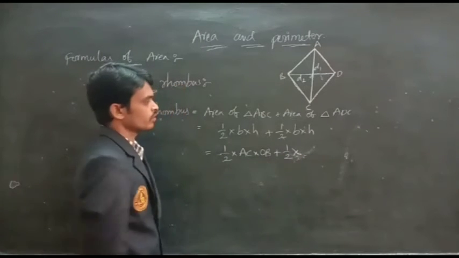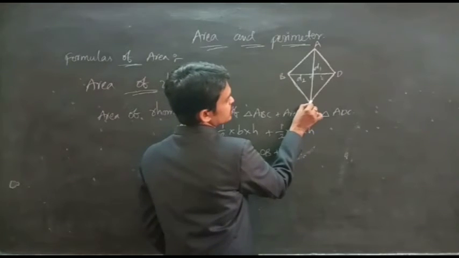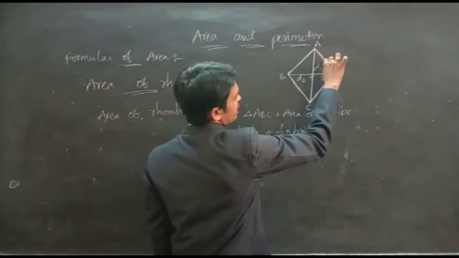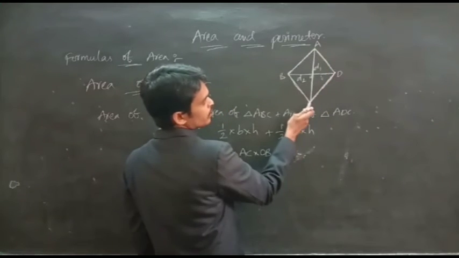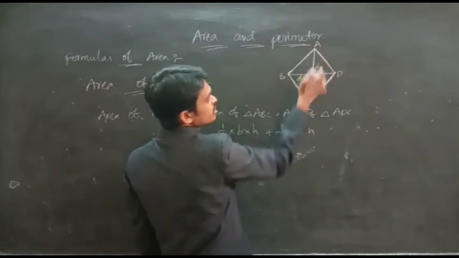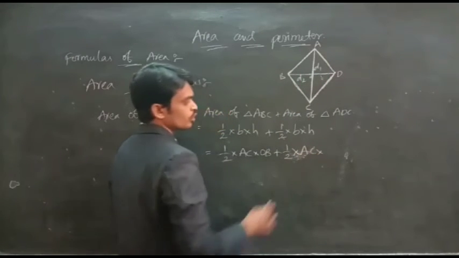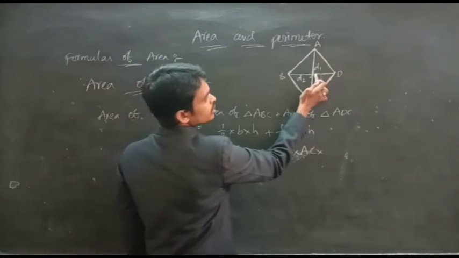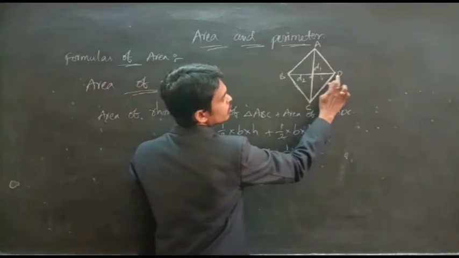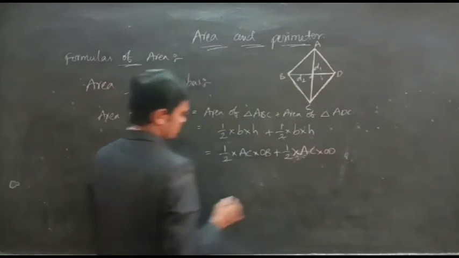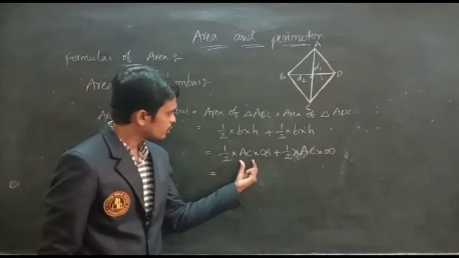Plus half into base. Now look at this triangle, triangle ADC. What is the base? The same base AC. So AC into height. The height is this, OD. Now what can we take common here? Half into AC.